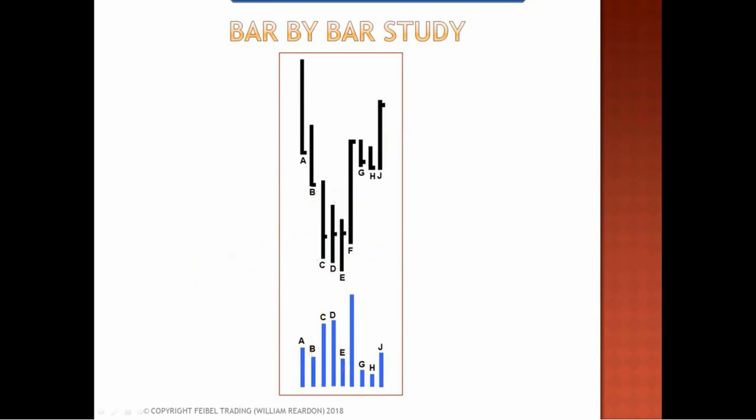So at bar E, as we're under all this price action here, sellers have an opportunity to pull the market down because we're in a downtrend. And we've got good volume here. So why are we not continuing south? It's a question mark. But not only that, we reverse to close firm above this high with low volume.